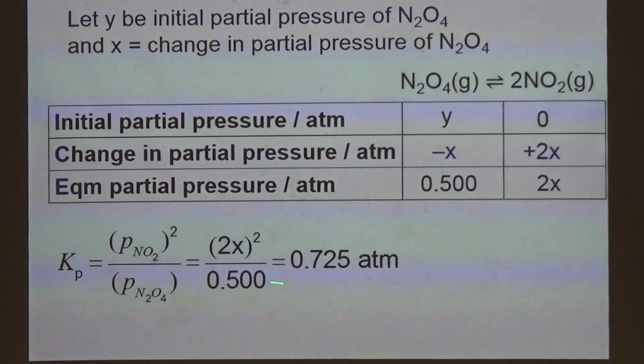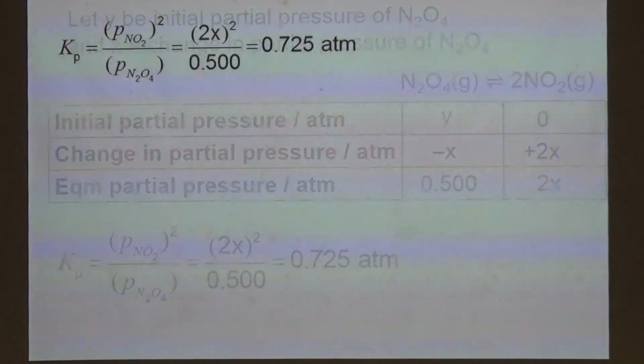Kp, which is the partial pressure of NO2 squared over the partial pressure of N2O4, is equal to (2X) squared over 0.500, and I am given Kp. So Kp is 0.725 atm.